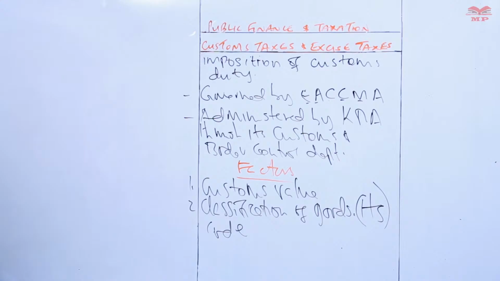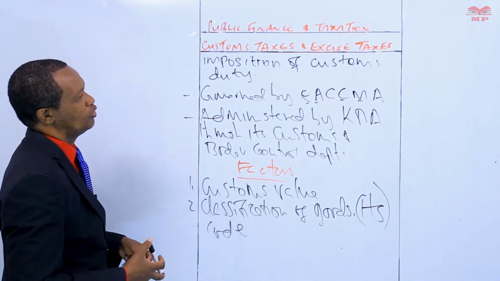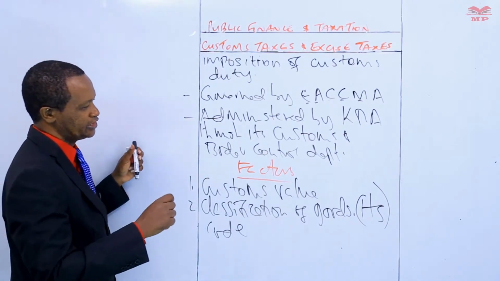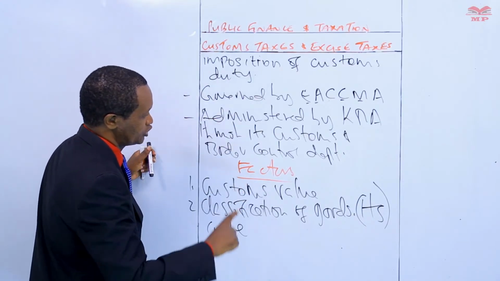Each HS code has a corresponding duty rate assigned under the East African Community Customs Management Act. So the HS code can also determine the amount of customs duty to pay.